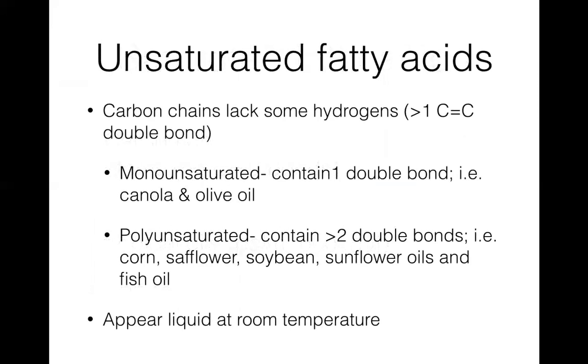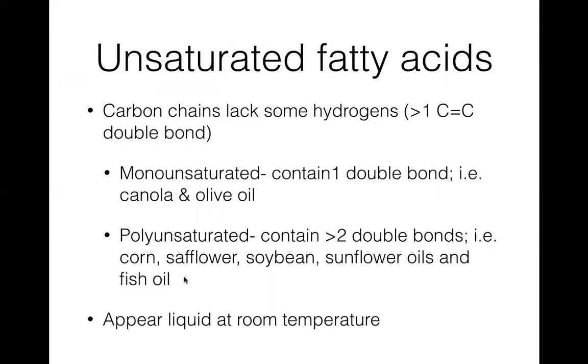On the other hand, unsaturated fatty acids contain a chain that lacks some hydrogen atoms. So this means there is a presence of at least one double bond. Unsaturated fatty acids can be monounsaturated if they only contain one double bond, or they can be polyunsaturated if they contain two double bonds or more, like those found in corn, safflower, soybean, sunflower oils, and fish oil.